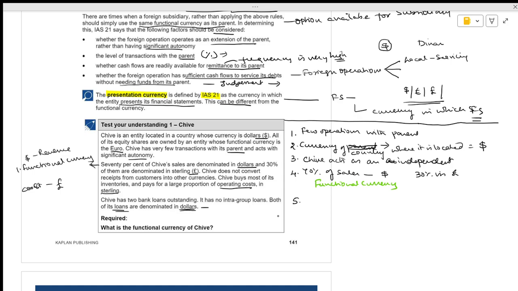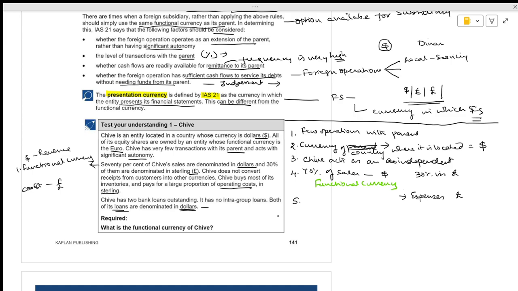What it says is that CAI does not convert receipts from customers into other currencies. CAI buys most of the inventories and pays a large amount of operating costs, which means in terms of expenses. They have not mentioned the percentage, only a large amount. Is that expenses in pounds?